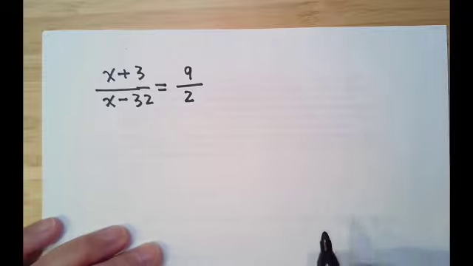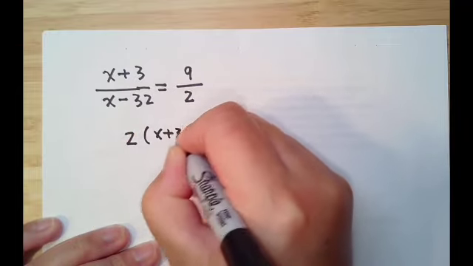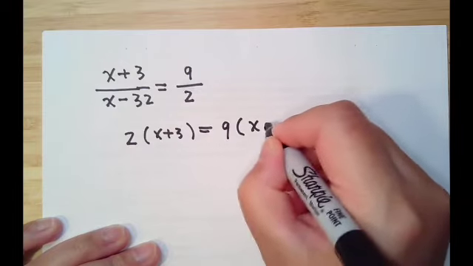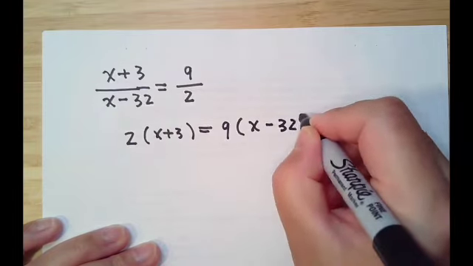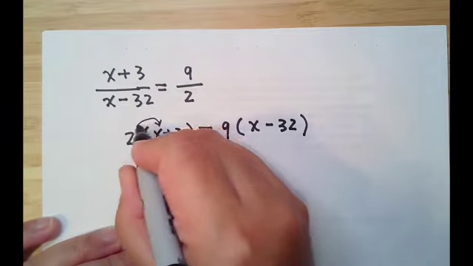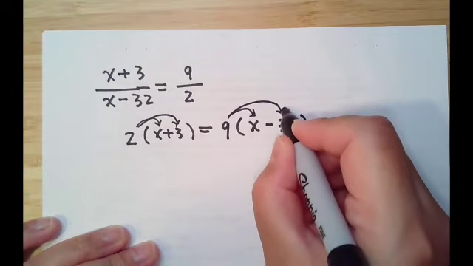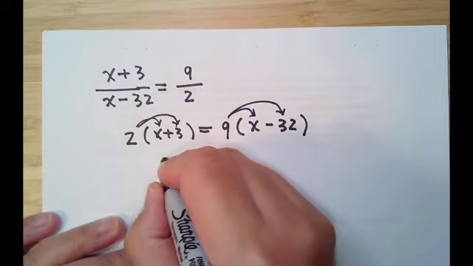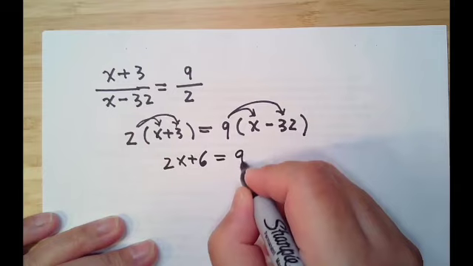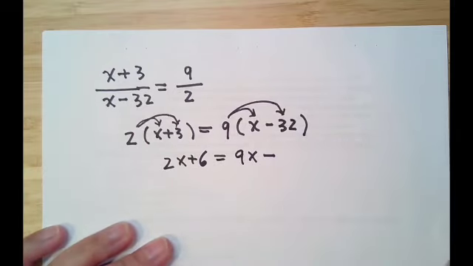Cross multiply. Okay, so 2 times x plus 3 equals 9 times x minus 32. Big number, huh? Distributive property. See, we're so good at that. So I have 2x plus 6 equals 9x minus, well, 9 times 32, that's a big number.